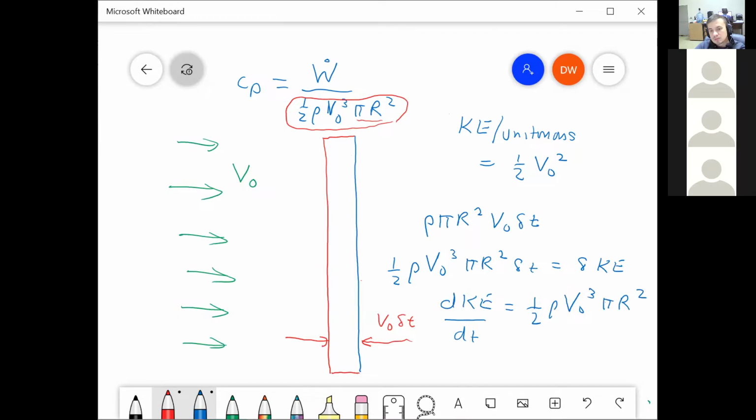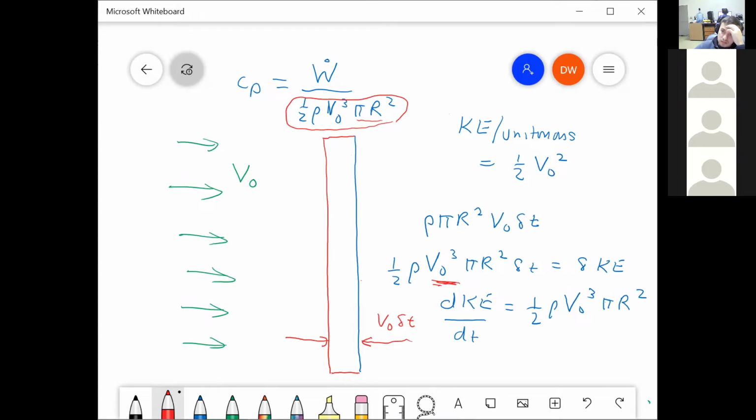And you will observe that what I have derived very simply here is the denominator in the expression for the power coefficient. The very important point that I want to make is that we have a velocity cubed in that relationship. That is really critical to understand.